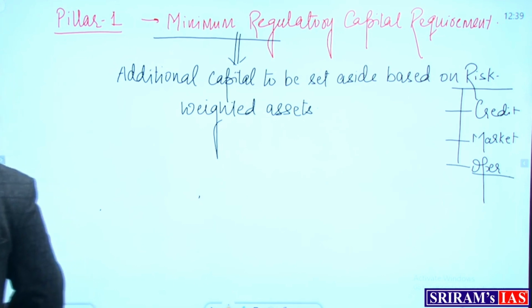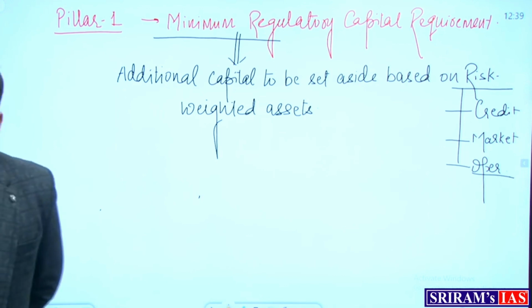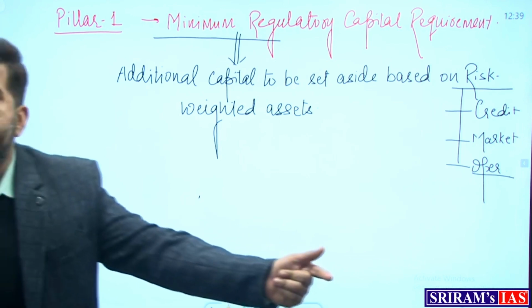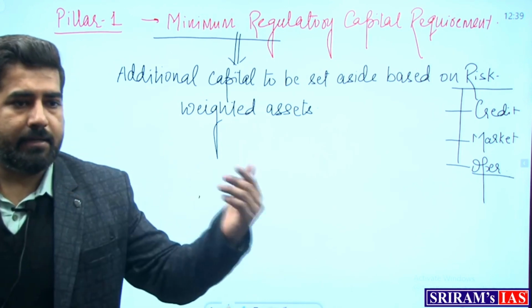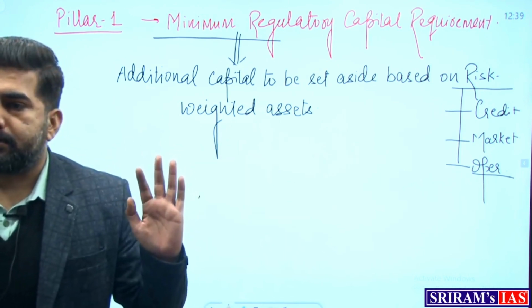That means if certain assets have higher risk, the banks need to set aside higher capital or lower capital? Higher capital. Suppose an asset which is a normal asset has now turned into NPA. Will the bank have to set aside more capital or less capital? More. Why?